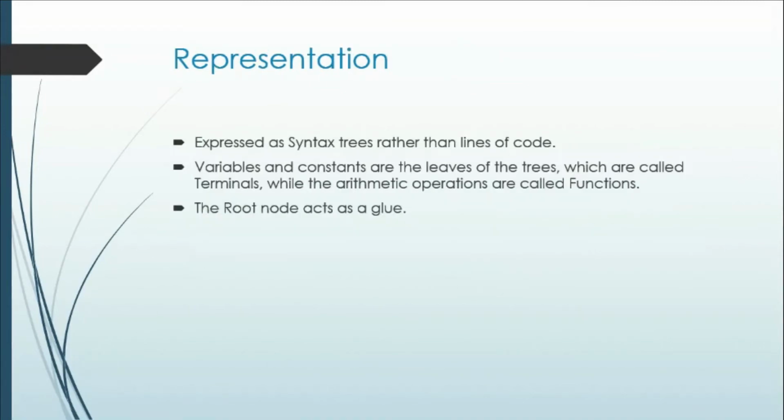Now the representation, how the program components are expressed in genetic programming, is an important part. Whenever we think about genetic algorithm, the main thing that comes to mind is how the problem or solution can be expressed, what data structure we should use.